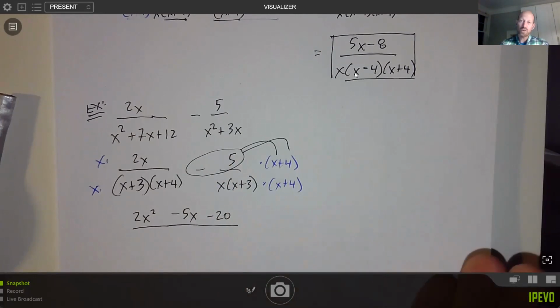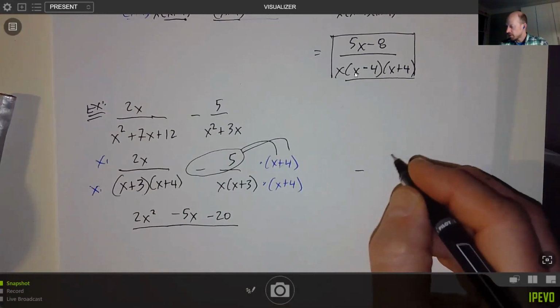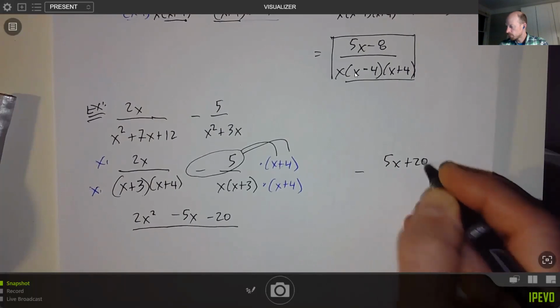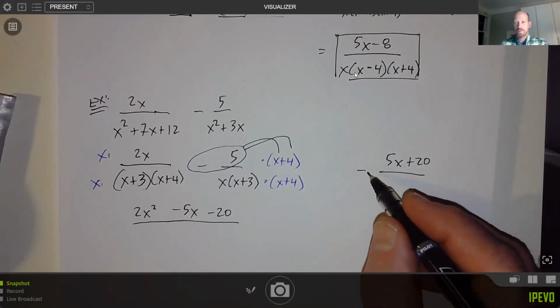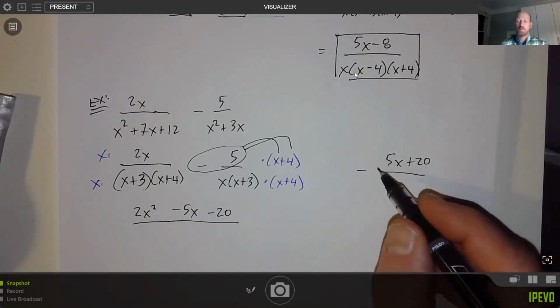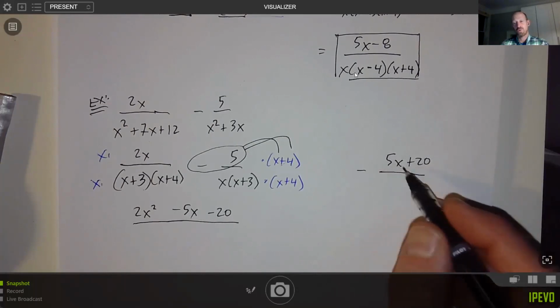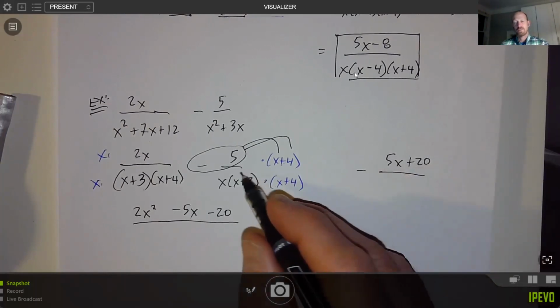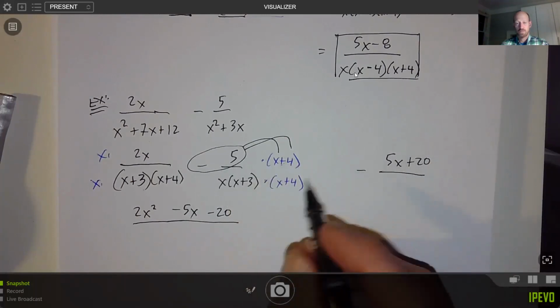I have to subtract the whole numerator anyway, and if you write it like this, it's hard to remember to subtract both of those. A lot of times people just end up with minus 5x plus 20, which is wrong. You have to subtract the whole thing. So the easiest way to do that is just distribute it through when you do the multiplication.